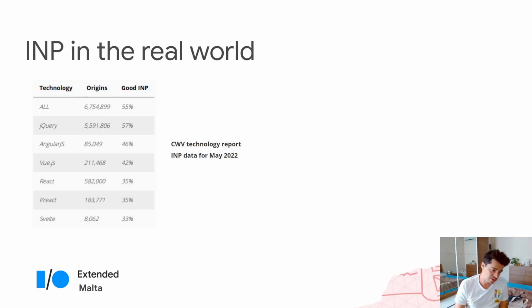And as you can see from the table, some of the more popular frameworks also get quite a poor score, mostly because they are doing a lot of JavaScript and a lot of work on the main thread.